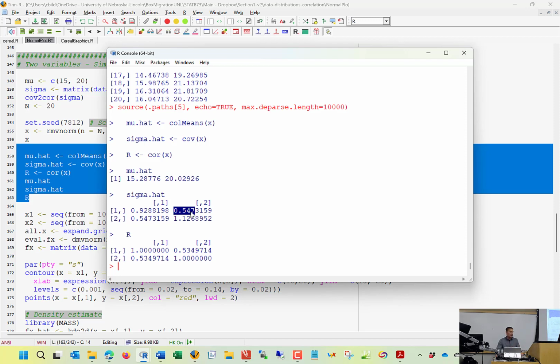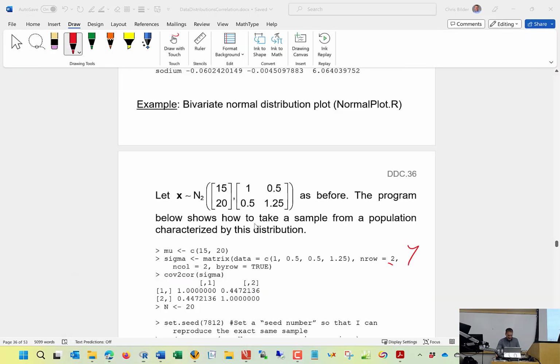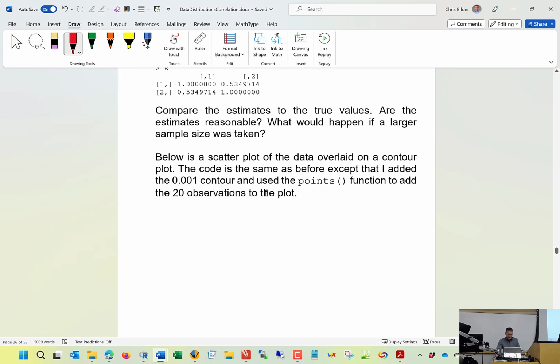We had set it to be 0.5. So we're getting what we would expect. That's good. If we didn't, we'd be very worried about if this function is actually working. Now, so in the end, these estimates are reasonable given our population.